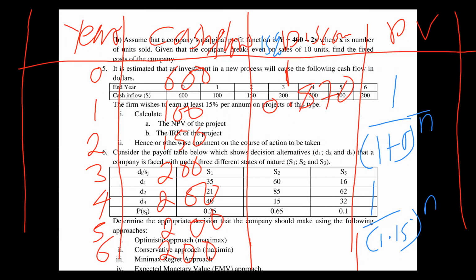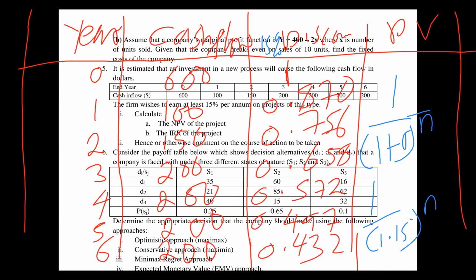And then for year 2, I find 0.756, then 0.658, 0.572, then 0.497, and 0.432. These are the discounting factors. The main thing was just to learn how to come up with them. That is how we come up with them. Is that clear?